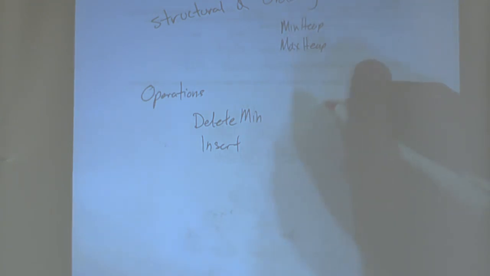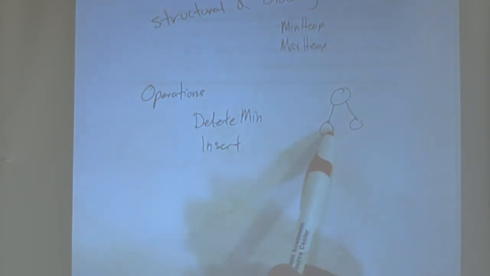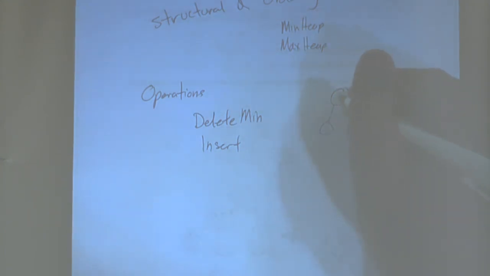The answer is no, because the heap only has two properties, the structural and ordering. If we say 20 is our root and we want to delete 25, we do not know if 25 is going to be the left child or the right child, so we can't delete any arbitrary number in our heap, only the minimum or the maximum, depending on if you use a min heap or max heap.